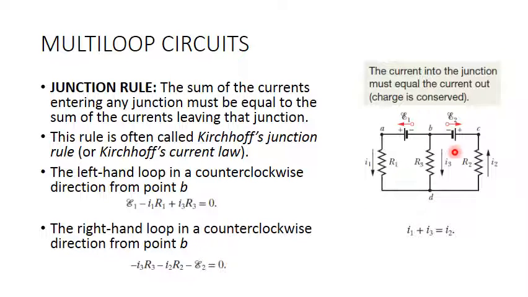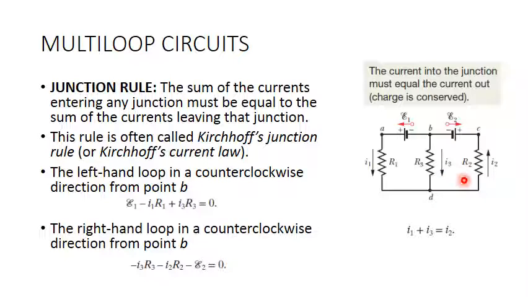The right hand loop, also counterclockwise, like this. If we apply Kirchhoff voltage law, we can say that minus E2 minus I3 multiplied by R3, because the loop is in the same direction as the current.